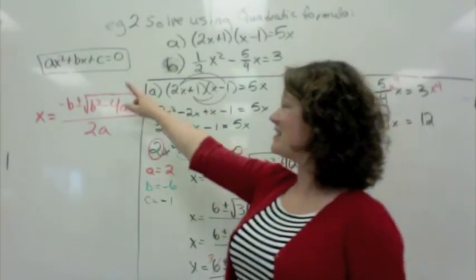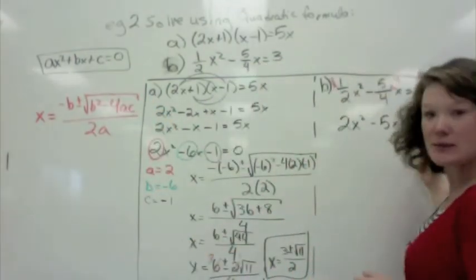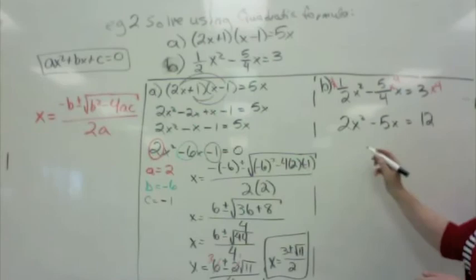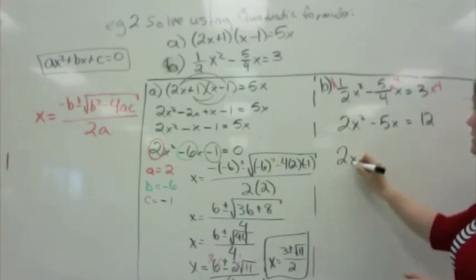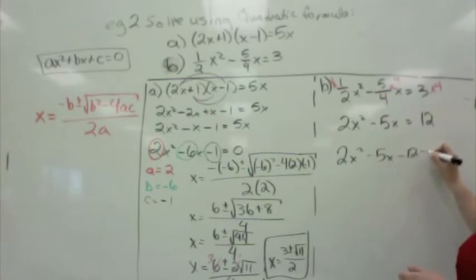Now to get it into this format, remember, we need to set it equal to 0. So I need to subtract 12 from both sides. 2x squared minus 5x minus 12 equals 0.